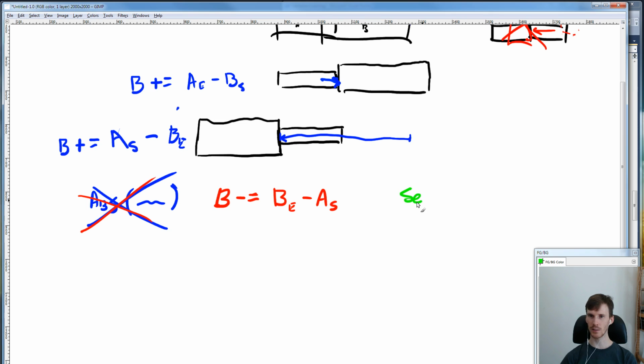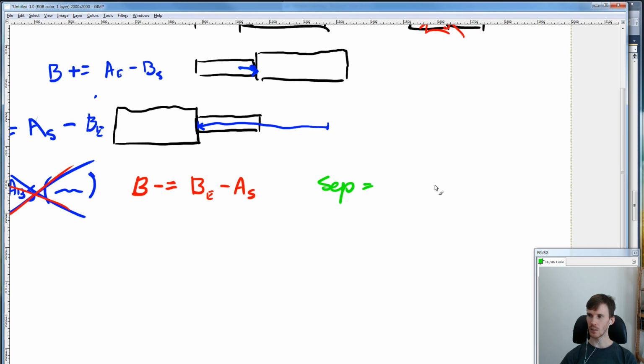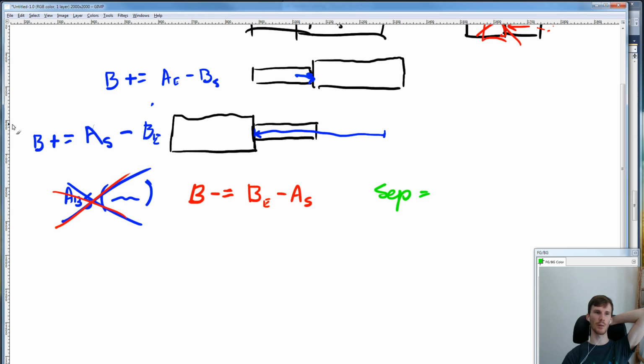We could say separation equals... so here's the tricky thing: we actually want both. We want that plus equals, but we also want the fact that these are both positive.